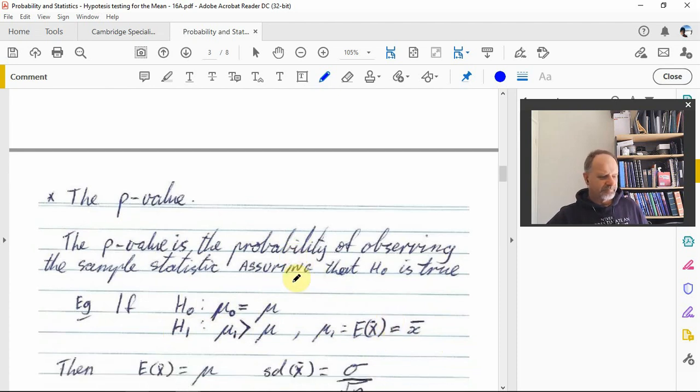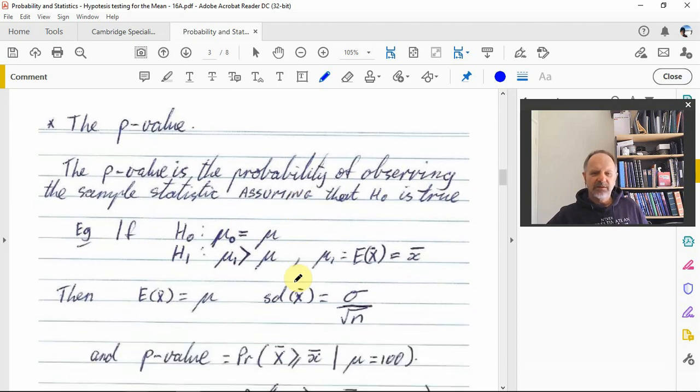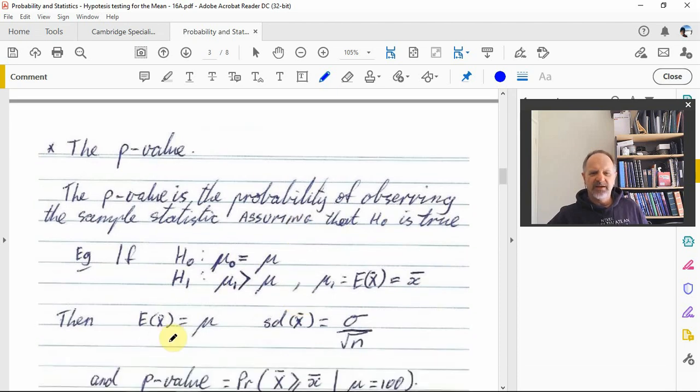This is using the null hypothesis, of course. So the expectation value of the sample is the same as the population, and the standard deviation of the sample is based on the population.